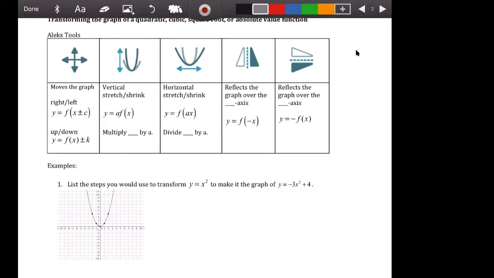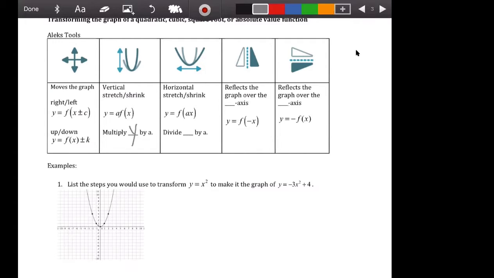Now, if there is a number outside of the f of x, outside of the grouping symbols with your x, it is going to be multiplied by your y coordinate. We did this in the previous notes.